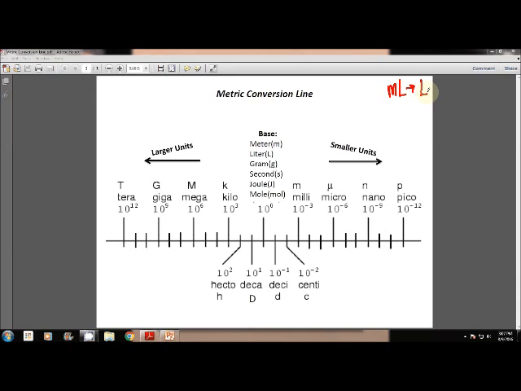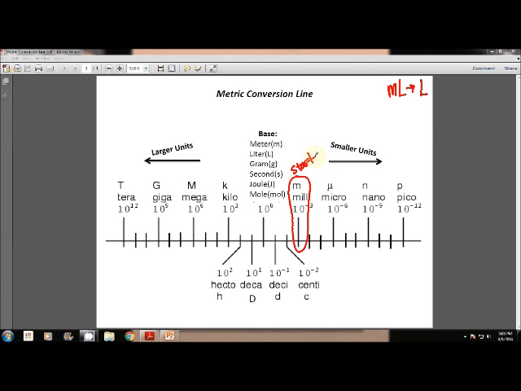In mL, L is the second letter, so that's the base part of the unit. So the little m in front is our prefix. And so little m on the metric conversion line is milli. So we're starting, don't write this down, we're starting at milli. So put your finger on milli, okay? Milliliter, because L stands for liter. Then we need to go to liter.